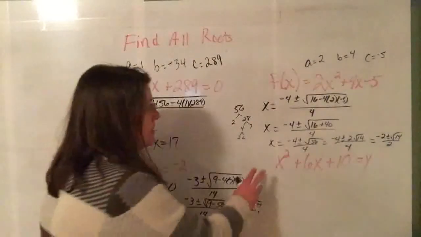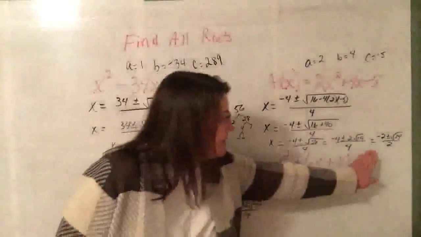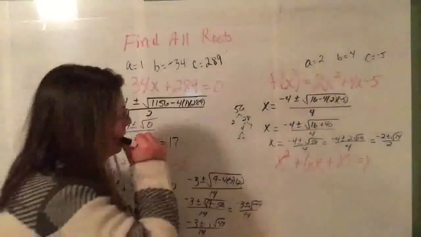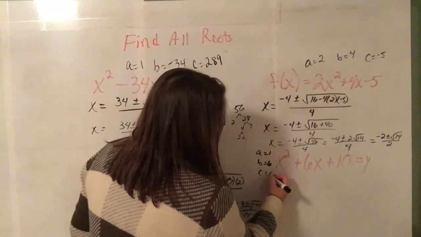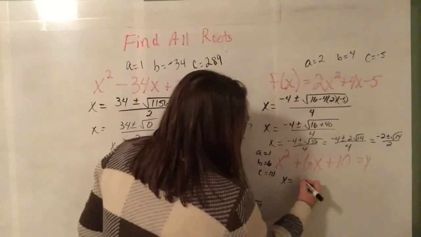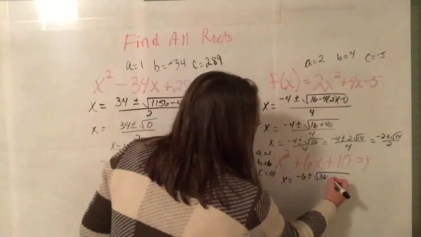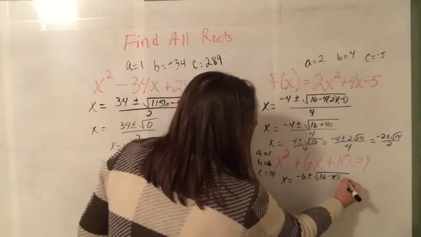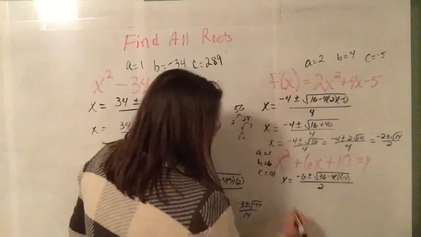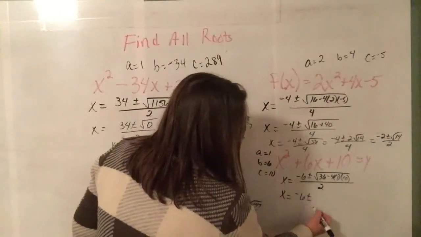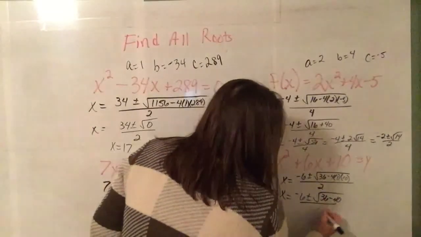For the next one, notice instead of being equal to f of x, it's equal to y. We do this one exactly the same thing. We're going to pretend like it's equal to 0, and we're going to plug in. So for this one, my a is 1, b is 6, c is 10. So I have x equals negative b, or negative 6, plus or minus the square root of b squared is 36, minus 4 times a is 1, times c is 10, all over 2 times 1 is 2. So x equals negative 6 plus or minus the square root of 36 minus 40 all over 2.